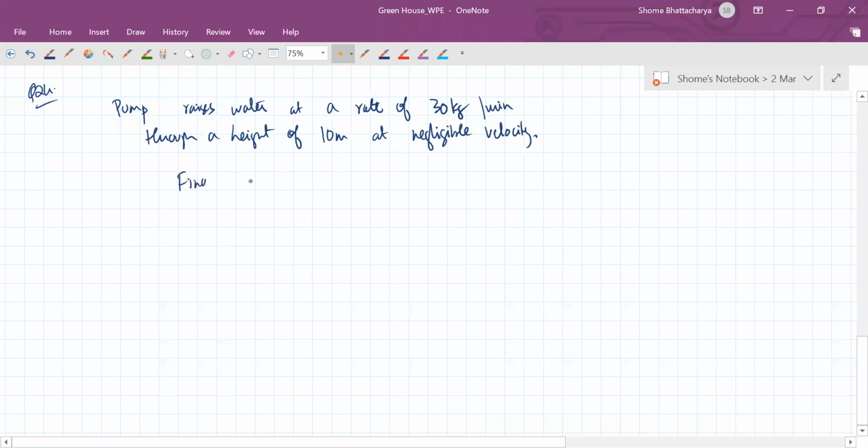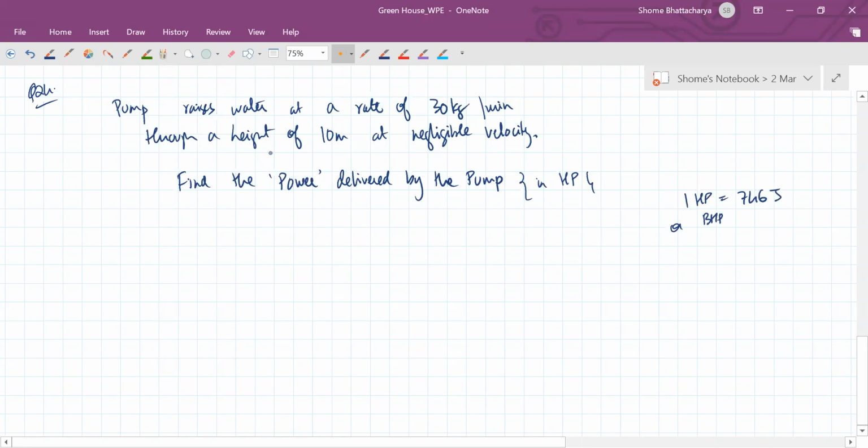So find the power delivered by the pump. And we have to calculate the power delivered in horsepower. Remember, 1 horsepower or British horsepower is equivalent to 746 joules, 746 watts.